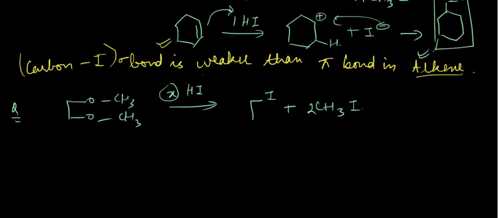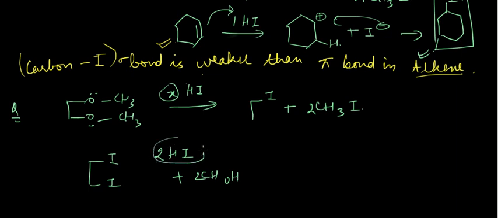In this you can see that 2 moles are initially required for these two oxygen atoms to convert themselves into CH3OH. So we would have something like this plus 2 moles of CH3OH. Now for this to convert into 2 moles of CH3I, we again need 2 moles of HI.